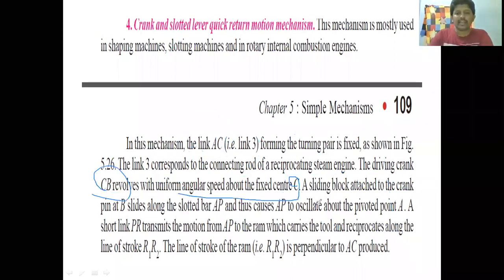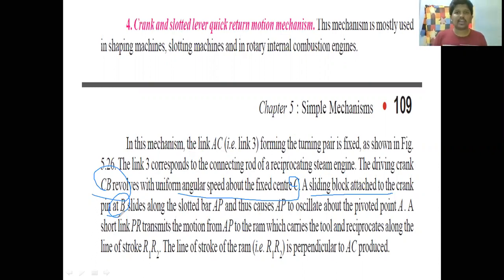Now, next, a sliding block is attached to the crank at pin B. Once again, to explain: we have a fixed link AC, which is link 3. Now this fixed link is connected to the reciprocating steam engine.